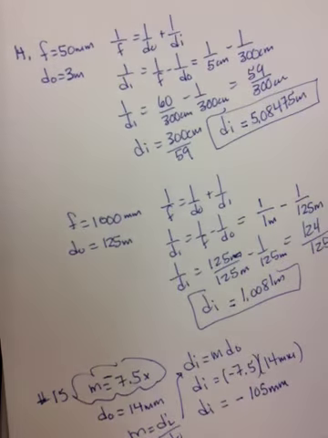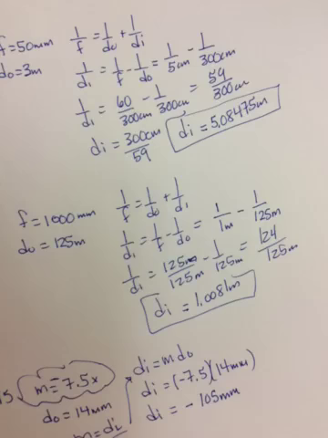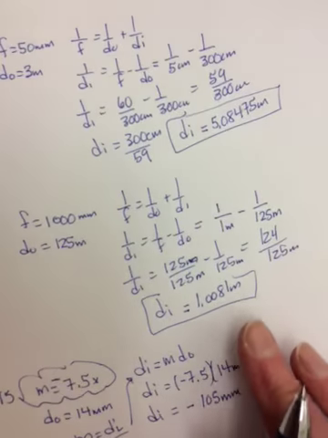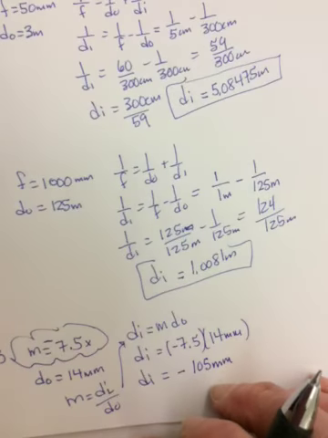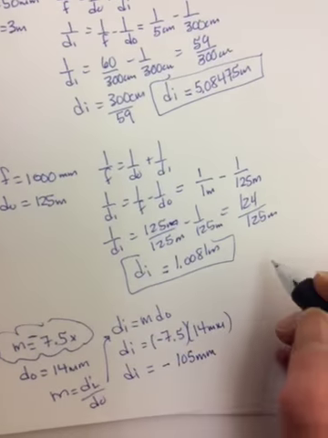But the question actually wants to know, production wants a mirror. What kind of mirror would do this job? What kind of lens would do this job? It would be a convex lens. And then it wants to know F.